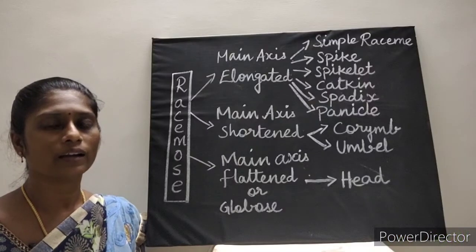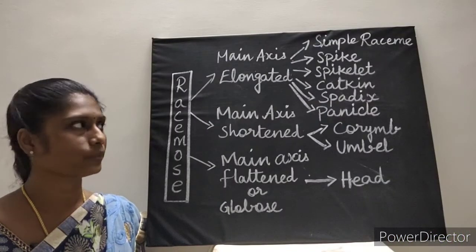At the base of each sessile flower there is a lemma and a palea, that is the bract and bracteole. Each sessile flower has pistil and stamens only. Examples for the spikelet are paddy, barley, sorghum, wheat.